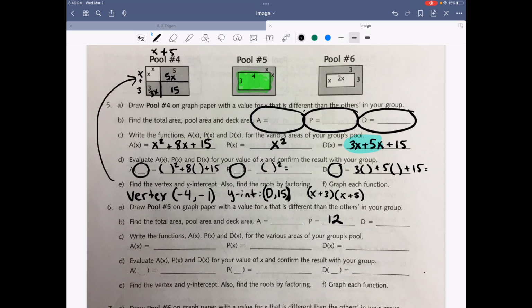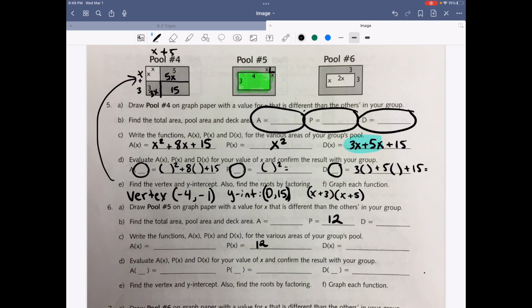The deck that you draw can have any width: 1, 2, 3, 4, 5, 10, whatever you want it to be. That's your x. So your pool is automatically 12, but your deck is a little bit tricky to figure out.